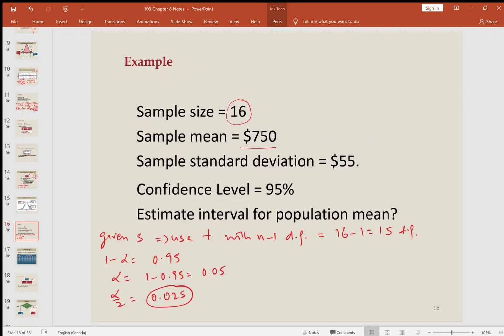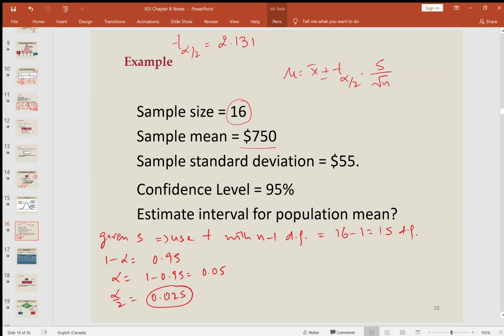So let's go back. Our T score, or T alpha by 2, is 2.131. Okay, so then we will be using this formula. Mu is equal to x bar plus minus T alpha by 2 times S divided by square root of n.